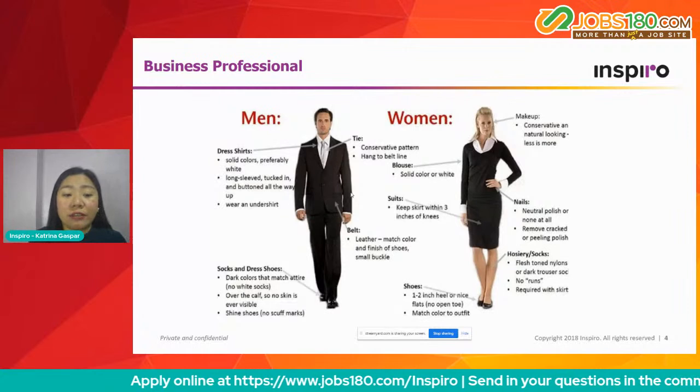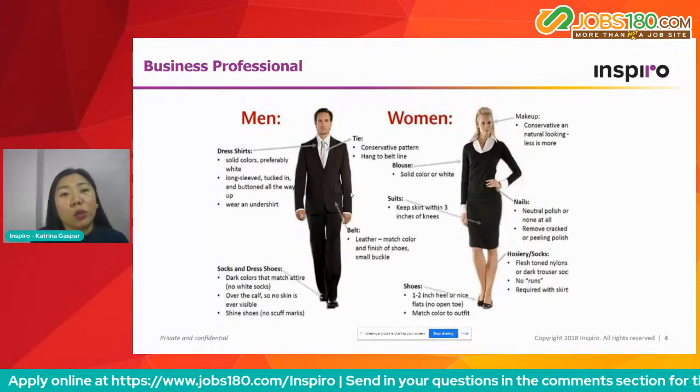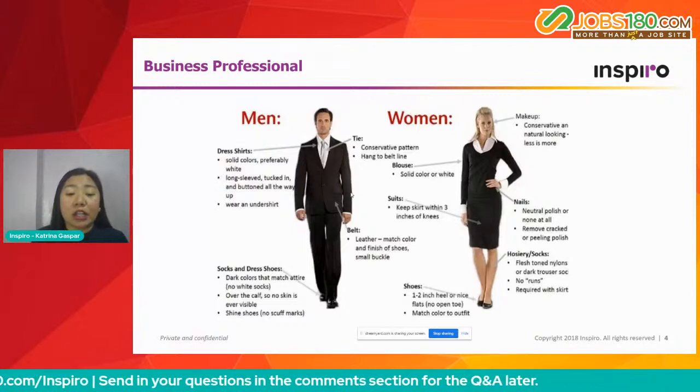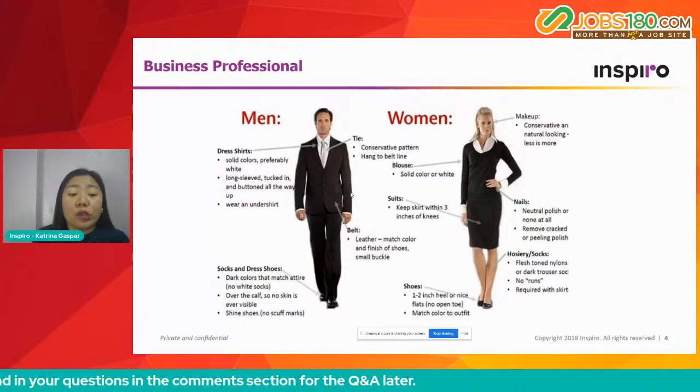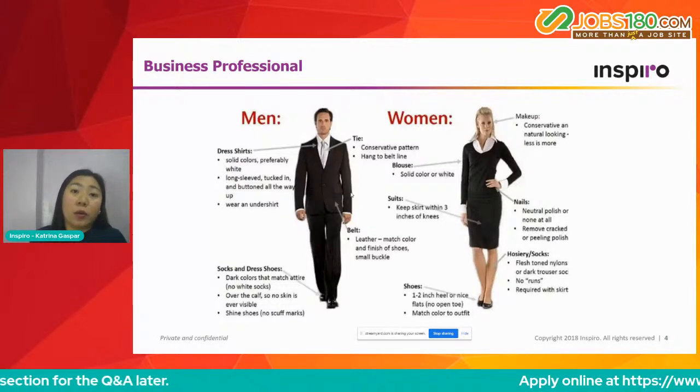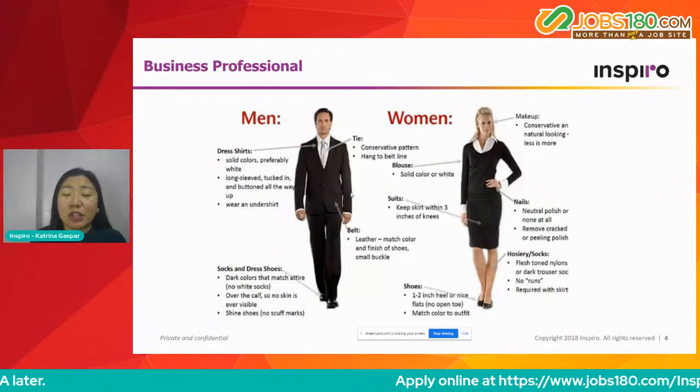And then for the inner shirt for the girls, you may want to wear long sleeves or a polo or other nice top. Just make sure the color, again, goes along with the color of your suit. You can also wear pastel colors if you want. Just make sure that they're the muted ones.